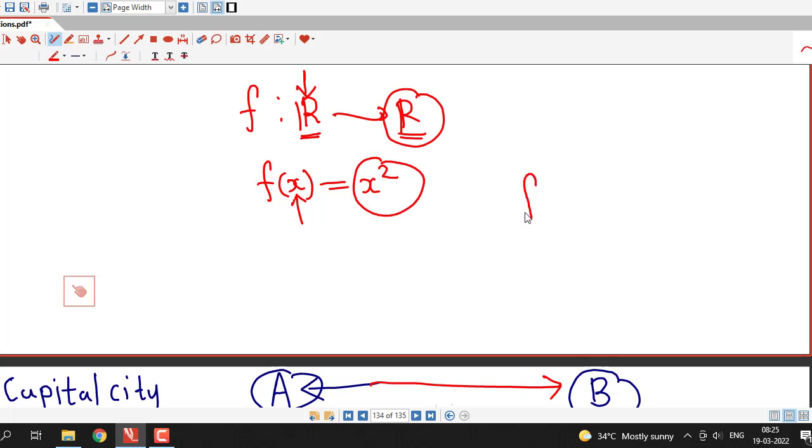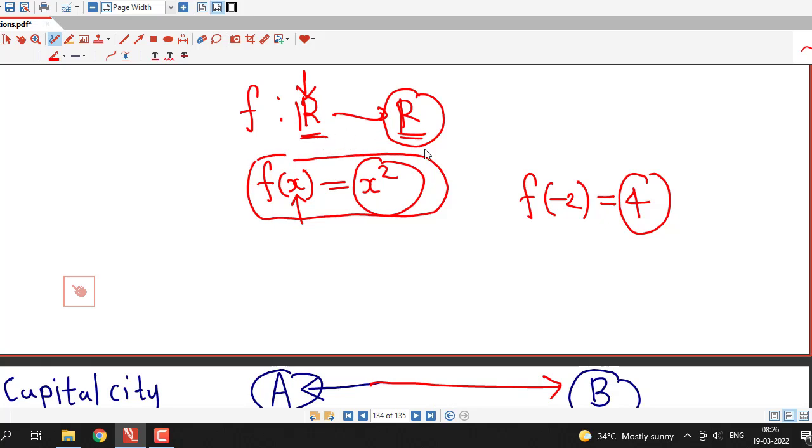For example, f of minus 2 gives 4. So this function defined by f(x) equals x square assigns a unique element from the codomain to every element of the domain. Therefore it is a function from R to R.